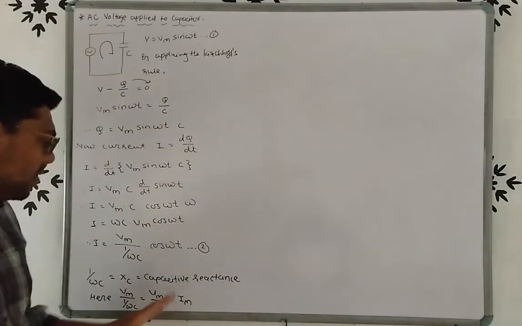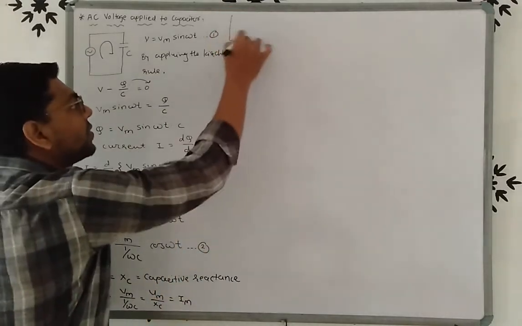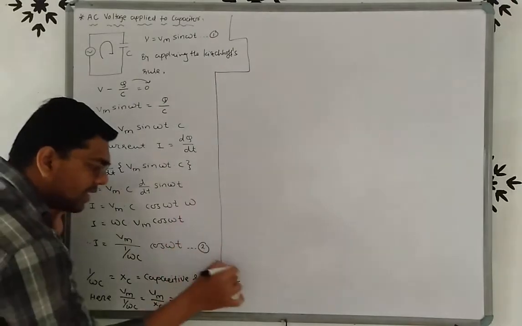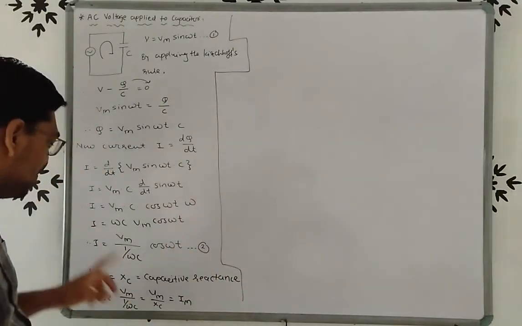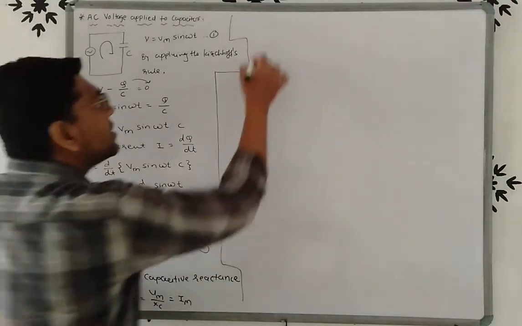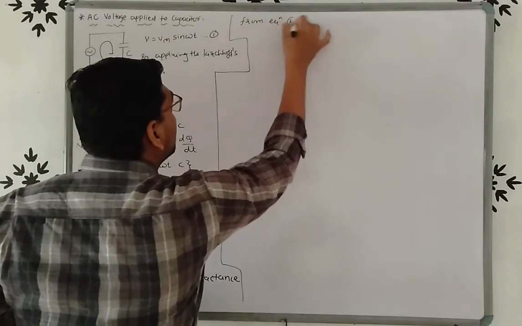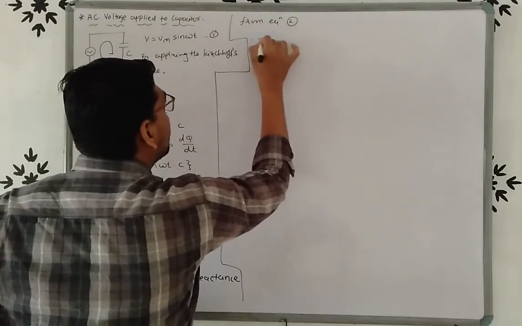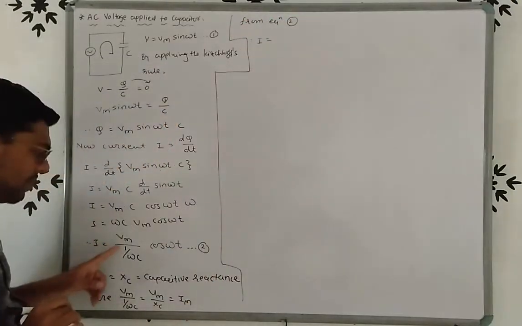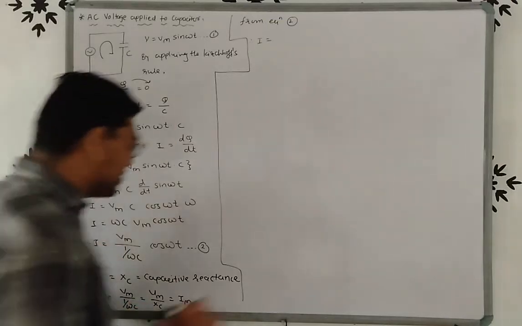The unit of capacitive reactance is ohm. So from equation 2, Im is equal to Vm by 1 upon omega C, that is equal to Vm by Xc.